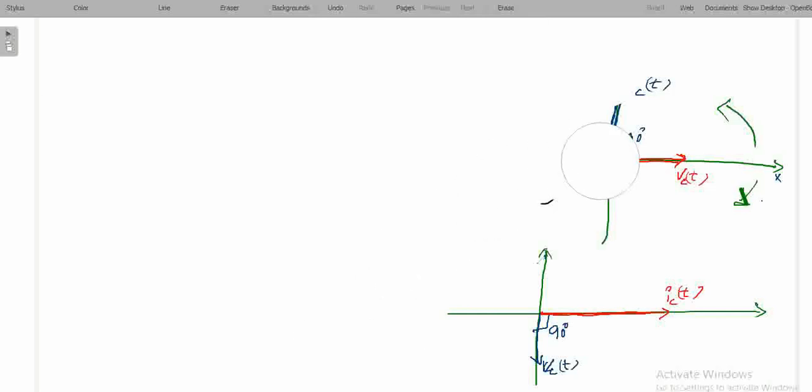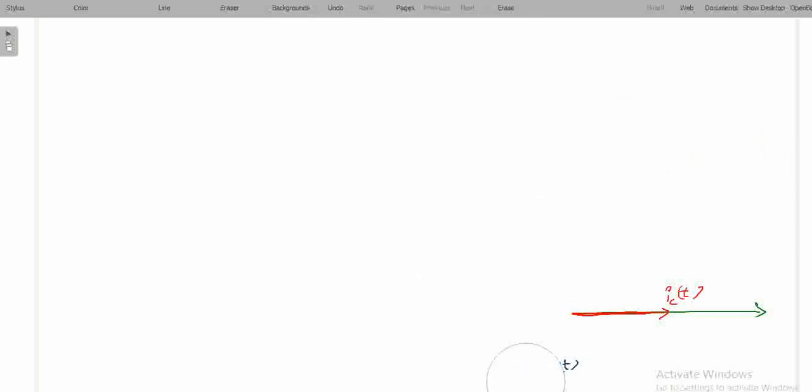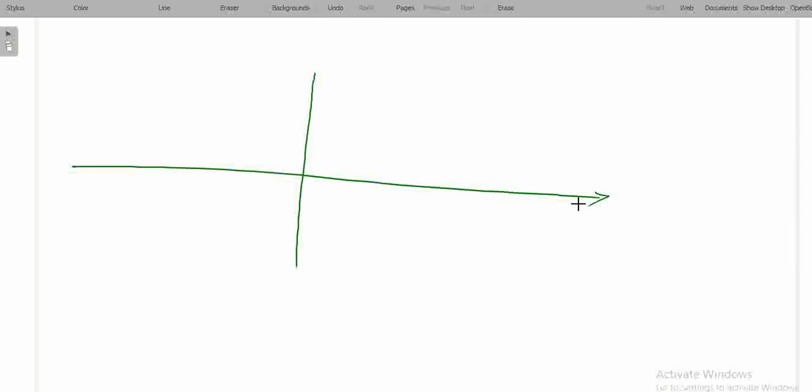Let us conclude. For a resistor, if I consider this as your current, this is your VR. For an inductor, this is your VL. For a capacitor, this is your VC.